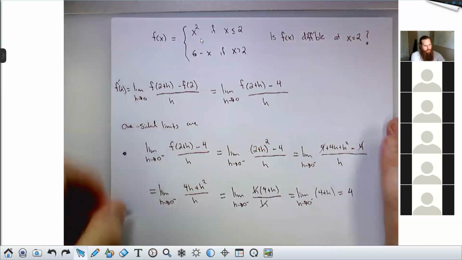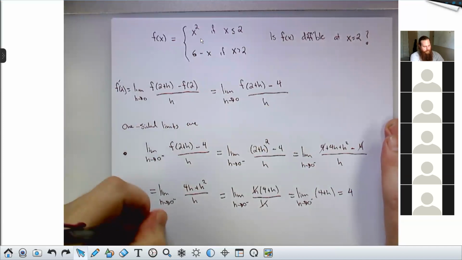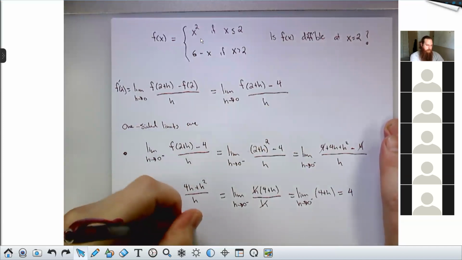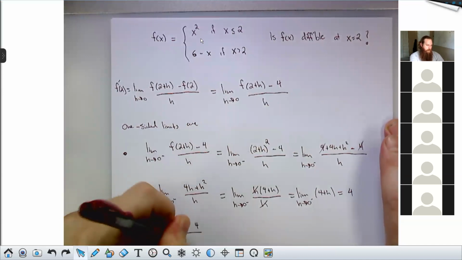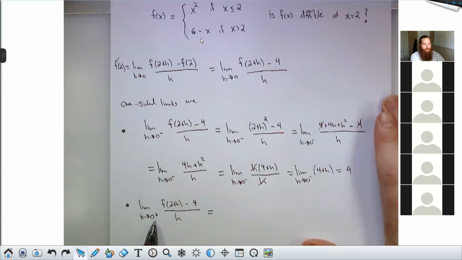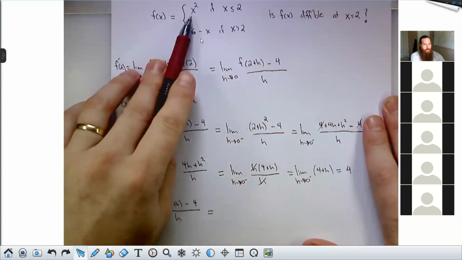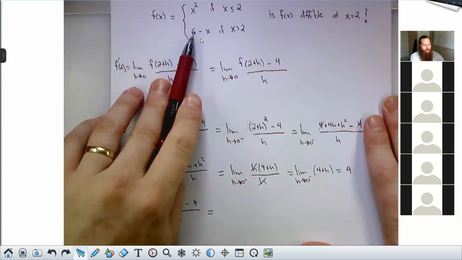On the other hand, the limit as h goes to 0 from the right, f of 2 plus h minus f of 2, which is 4, all over h. Since now h is going to 0 from the right, 2 plus h will be a little bit larger than 2, which means rather than using the x squared, I'm using the 6 minus x.